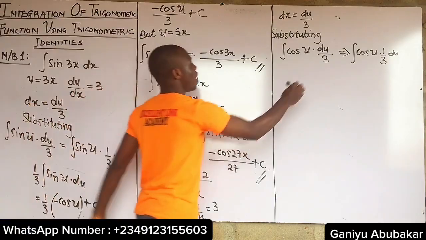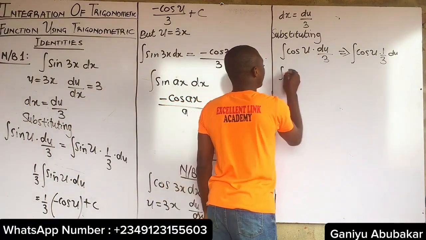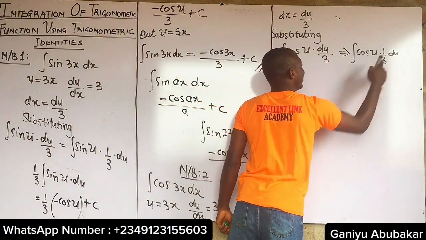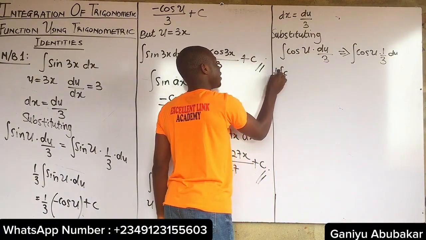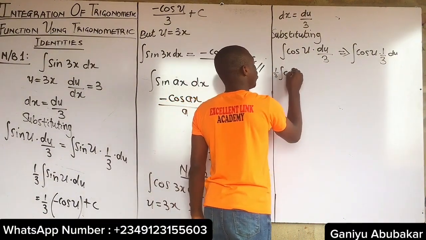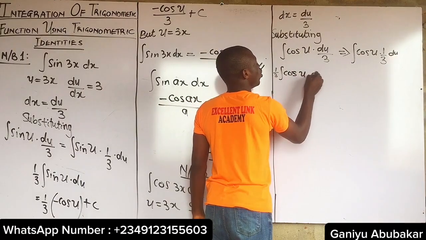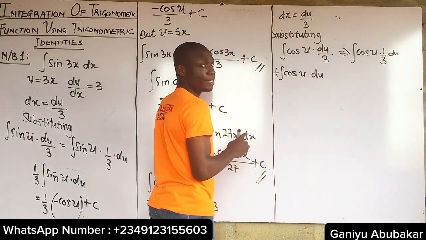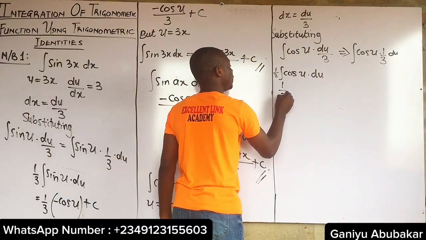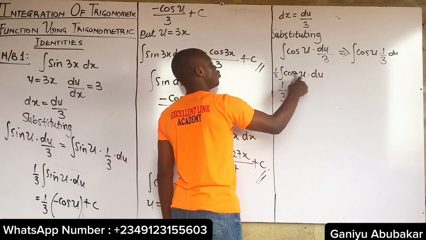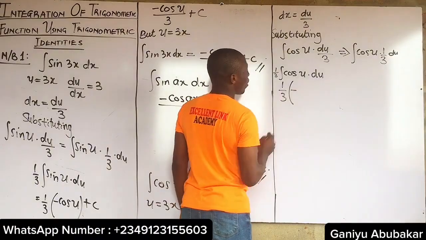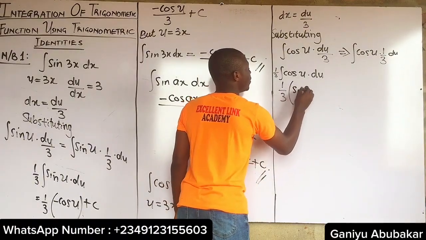So from there, I'll have the integral of cos u, with 1 over 3 as a constant outside the integral sign, times du. At this point, I'll have 1 over 3 times, if I integrate cos u, I'll have sine u.